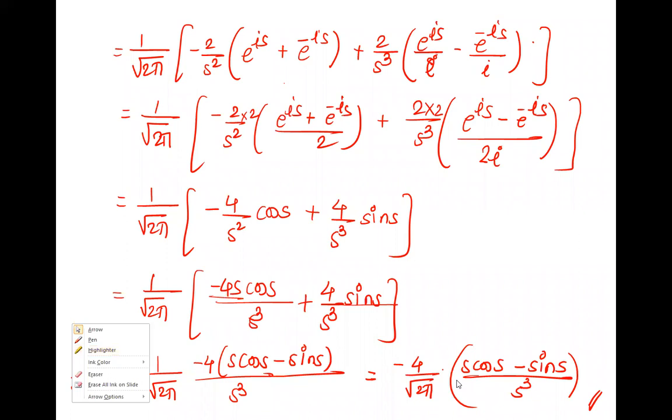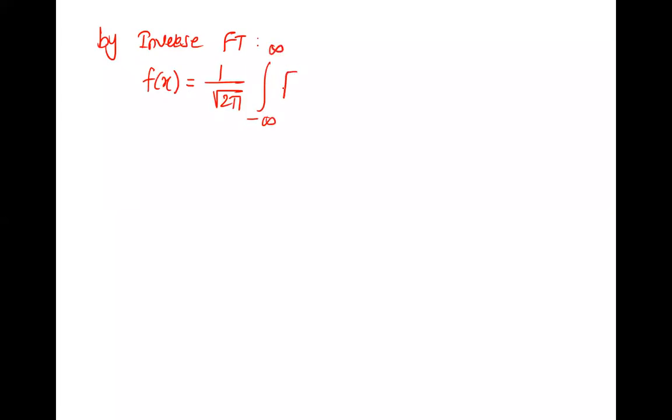You just note this f of s. So by inverse Fourier transform, what do we get? f of x, the definition: 1 upon root 2 pi, integral from minus infinity to infinity of F of s into e raised to minus isx ds.